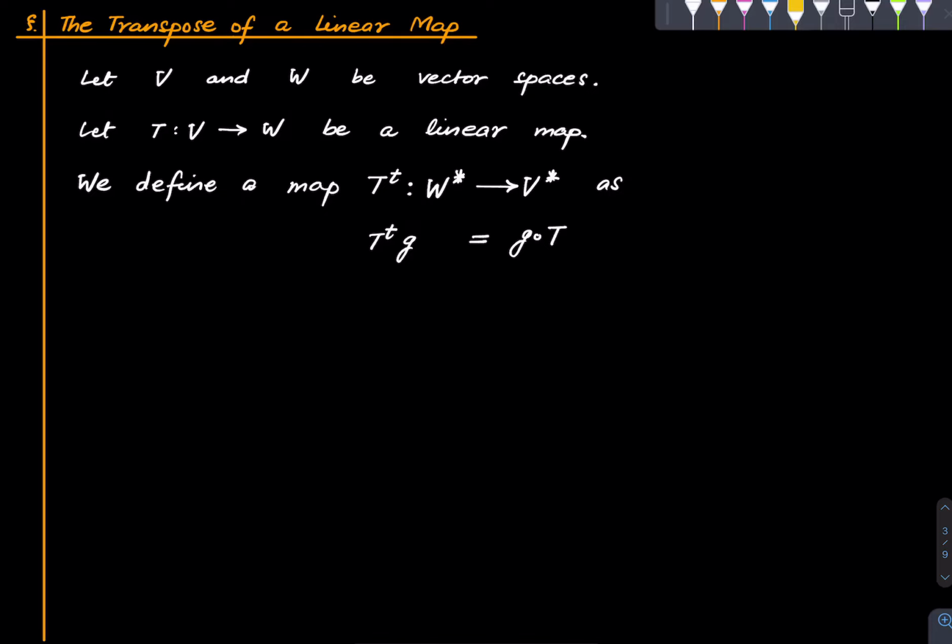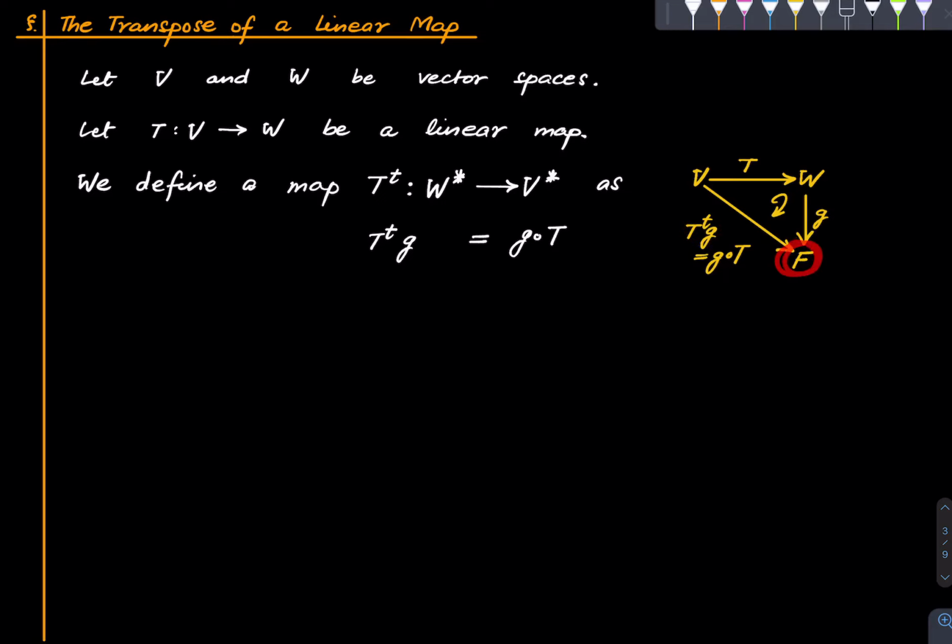So let's look at the diagram that informs this. We have a map from V to W, and suppose we pick a linear functional G on W, so it is going to be a map from W to F, which is linear, and this composite is declared to be T transpose G. Right, and therefore this T transpose G is the composite of two linear maps, and hence this is a linear map.